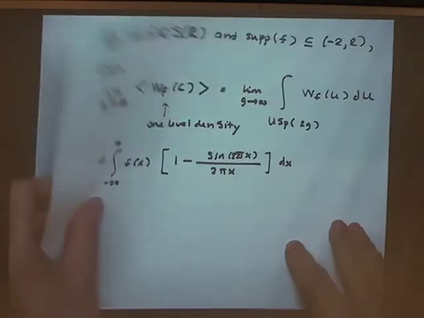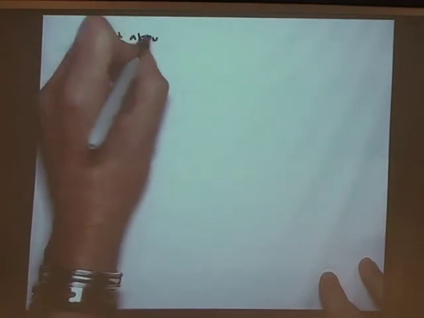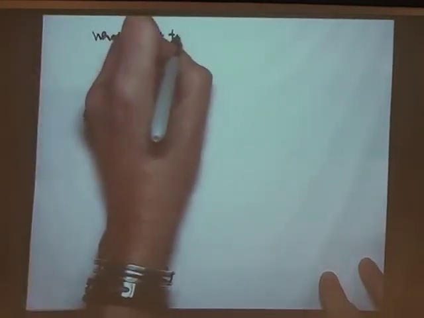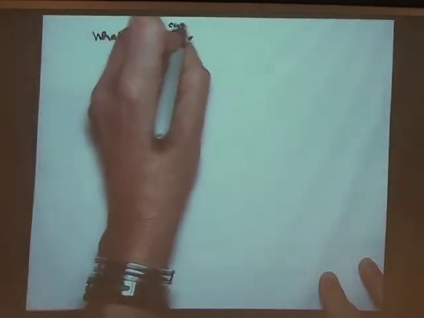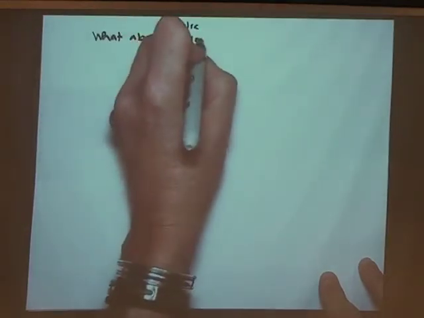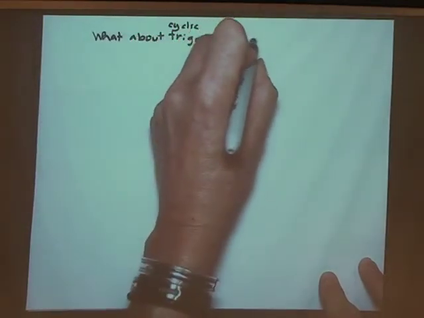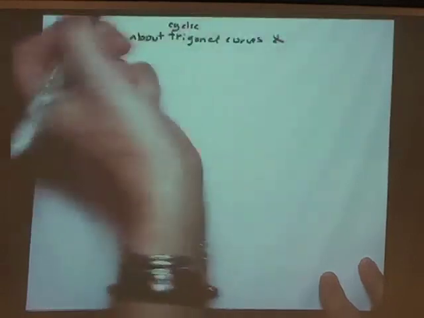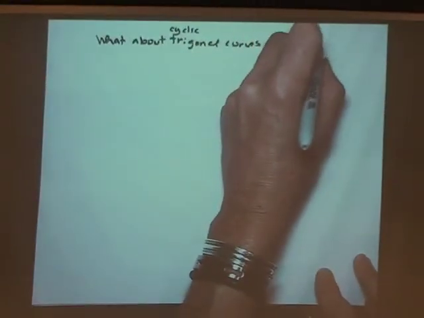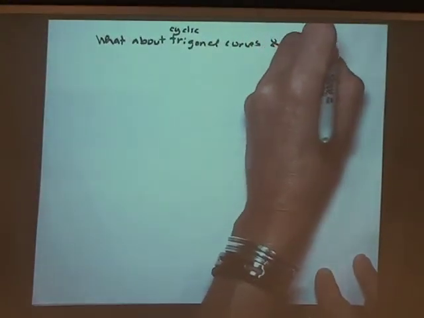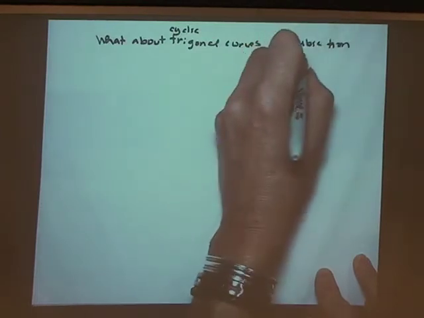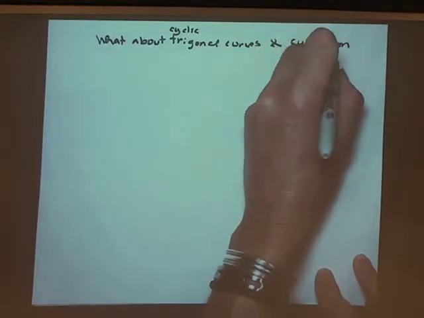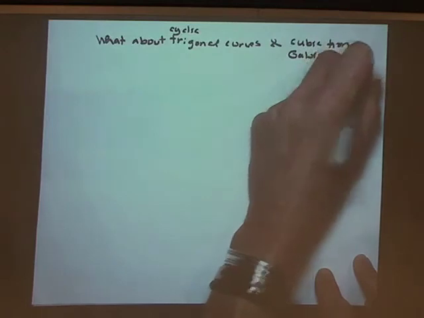Well, there's an obvious question that one can ask. What about trigonal curves? So cyclic trigonal curves, and cubic non-Galois. What about the 2 families that I told you the average number of points for?